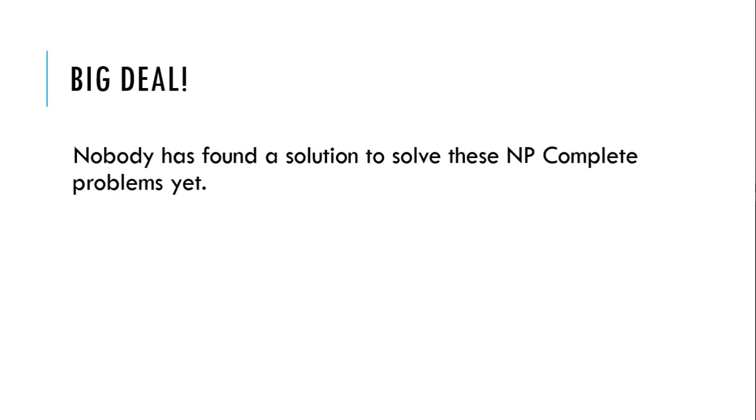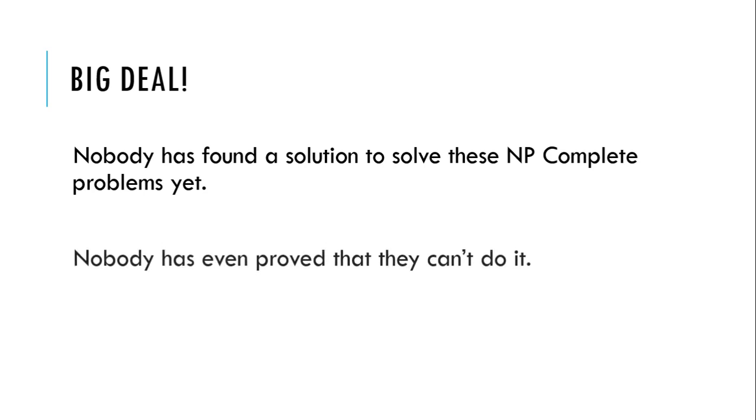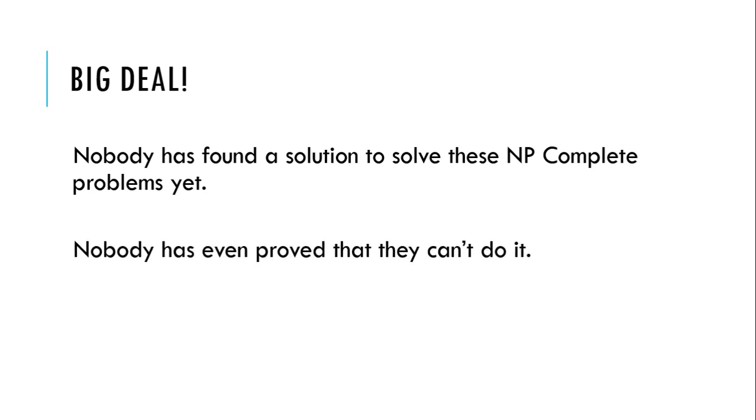So is that a big deal? Of course it is a big deal, because nobody has found a better solution today to solve NP complete problems yet. There is no solution out there that says, yes, we can solve this, or nobody even tells us that, hey, we can't do this. So we're in a kind of mess right now.